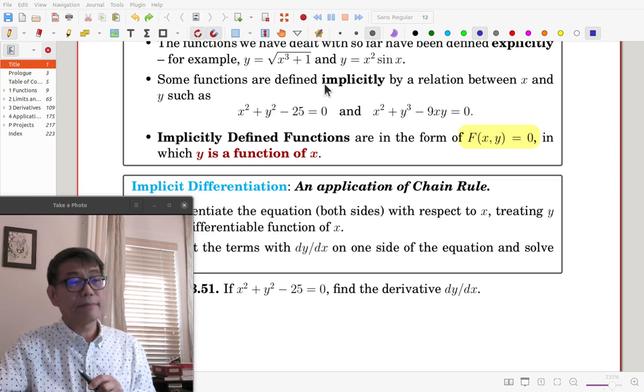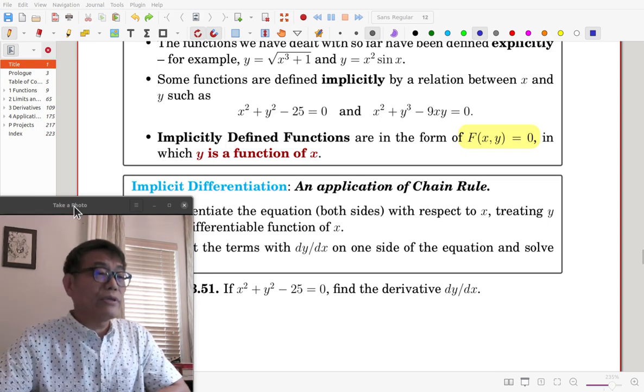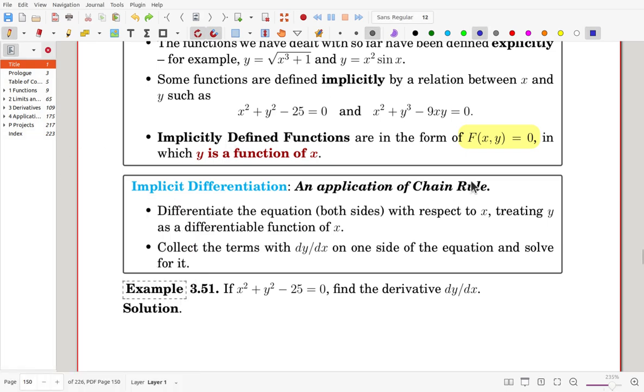In general, implicitly defined functions are in the form of capital F of x, y equals 0, and y is a function of x. To find the derivative of an implicitly defined function, first we differentiate the equation with respect to x, treating y as a function of x.